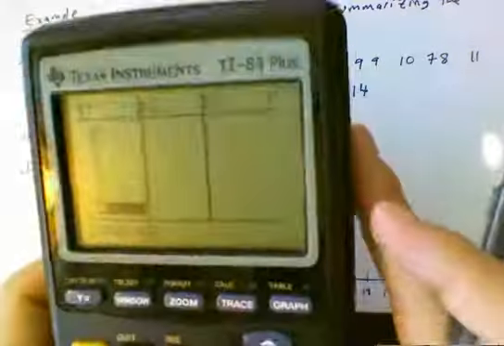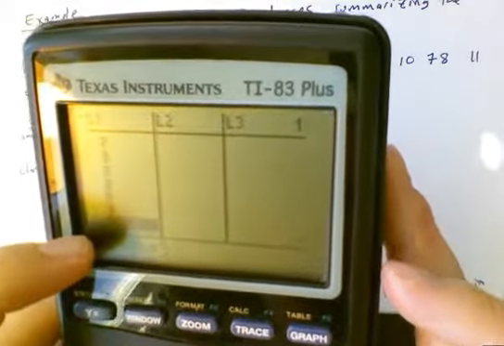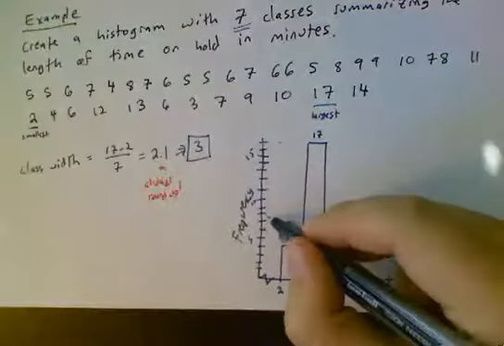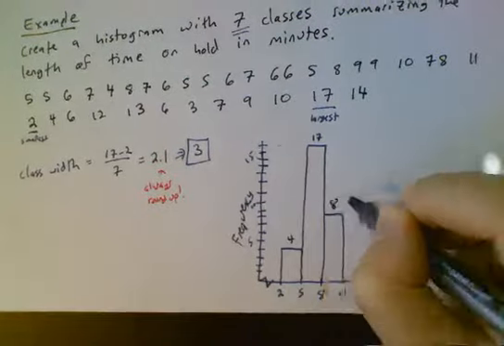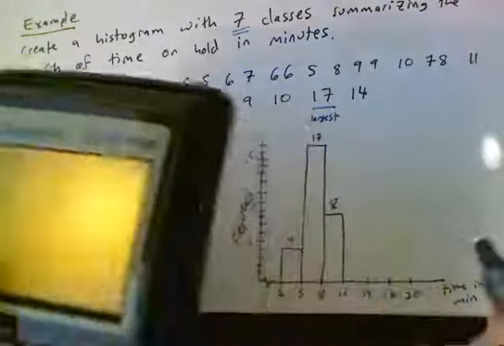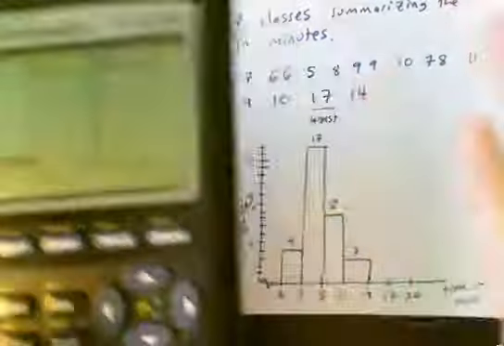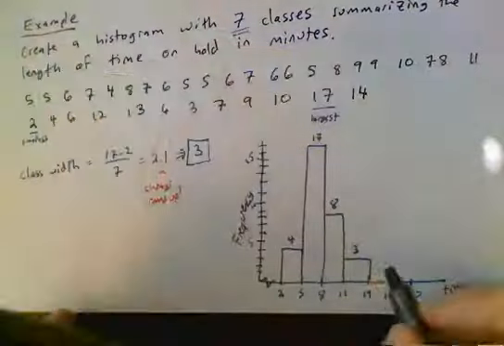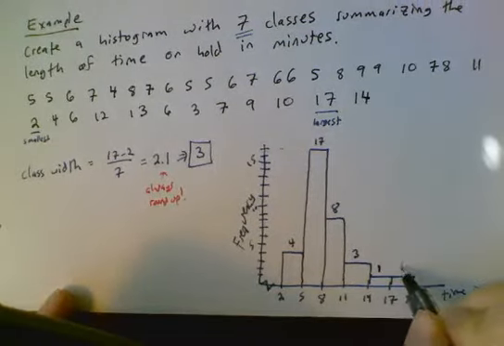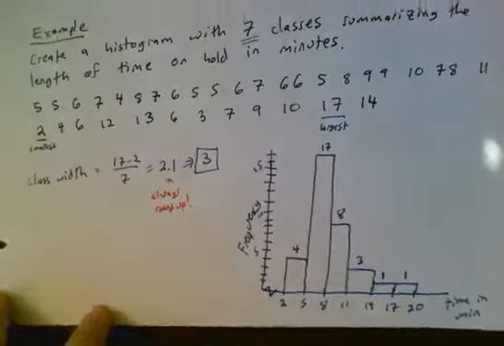Okay, and now between 8 and 11, there's 1, 2, 3, 4, 5, 6, 7, 8, 8, because 11 doesn't count. Between 11 and 14, 1, 2, 3, 14 doesn't count. Between 14 and 17, there's just 1, 14. And between 17 and 20, there's another 1. So, there's our little frequency histogram.